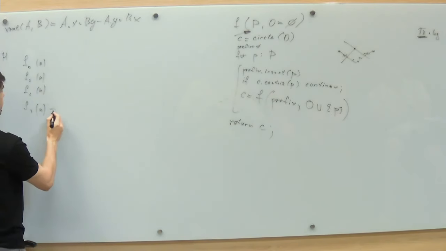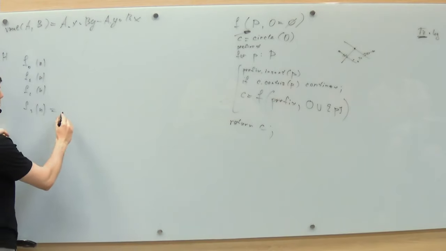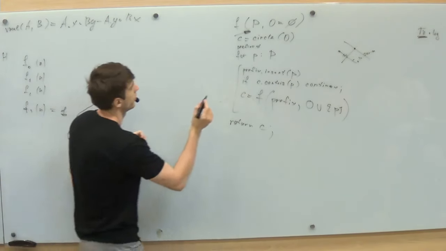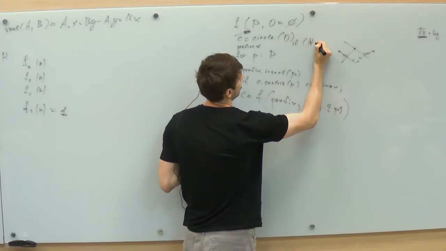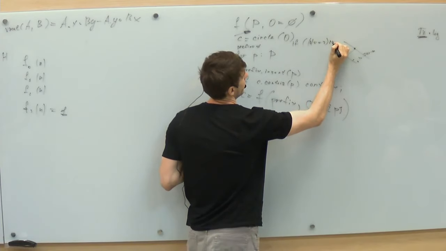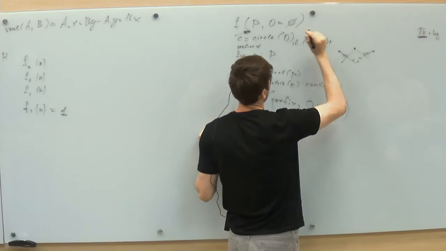For this one, if we have 3 points on the boundary, it just works in constant time, because this layer just reconstructs our circle. Here I forgot to add that if the size of O is 3, then we just return, because there is no other way to have a circle that should contain 3 points on the boundary.